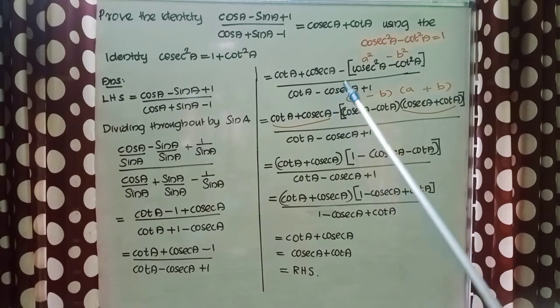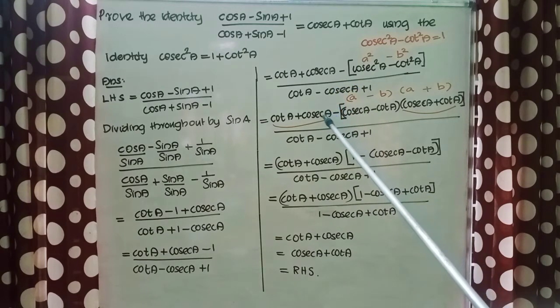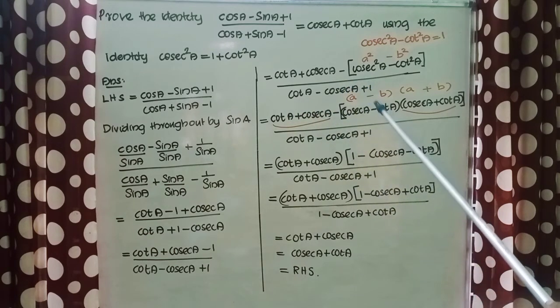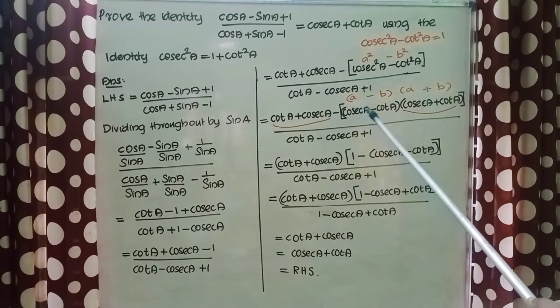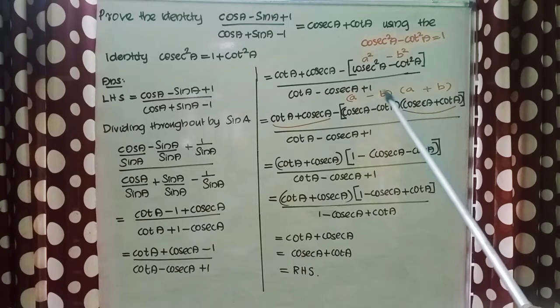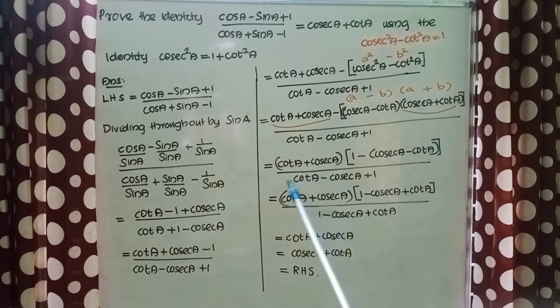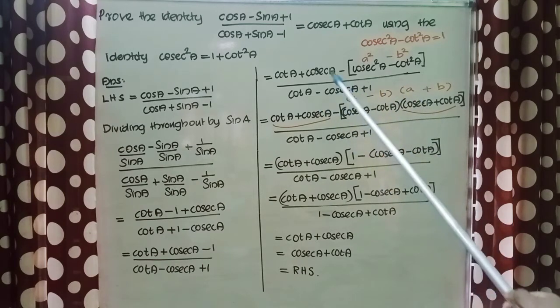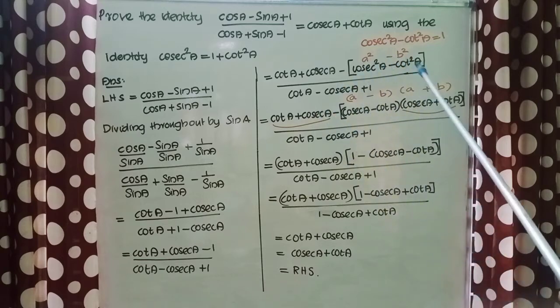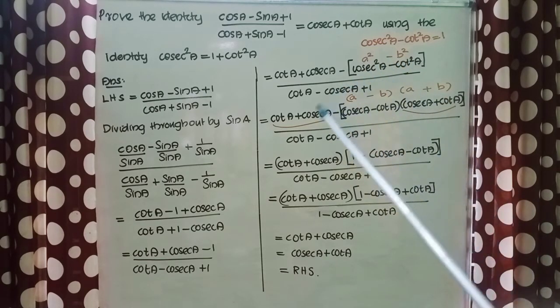Now you see the numerator. The first term is cot A plus cosec A. The second term is (cosec A minus cot A) into (cosec A plus cot A). From these two terms you can see this cot A plus cosec A is common. We can take it outside the bracket.